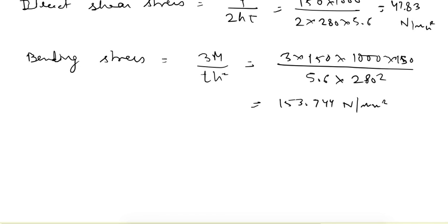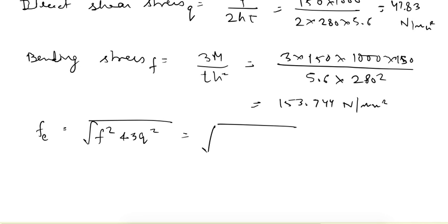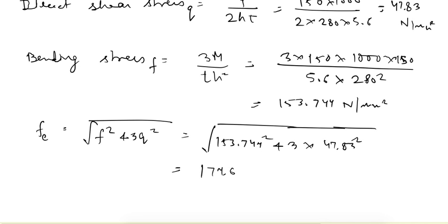So that is our bending stress. Bending stress is f, direct shear stress is q. So the resultant stress is equal to the square root of f square plus 3q square, where f square is 153.744 square plus 3 into 47.83 square, and this value comes out as 174.6 Newton per mm square.